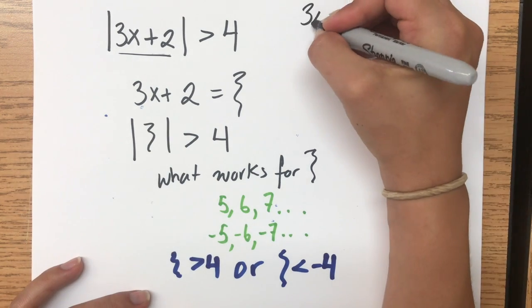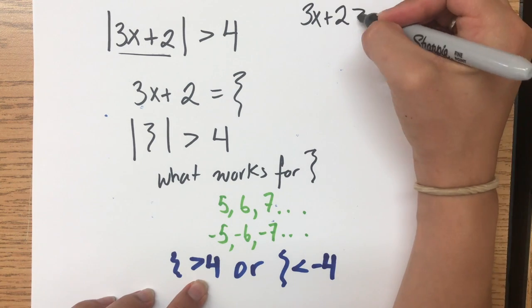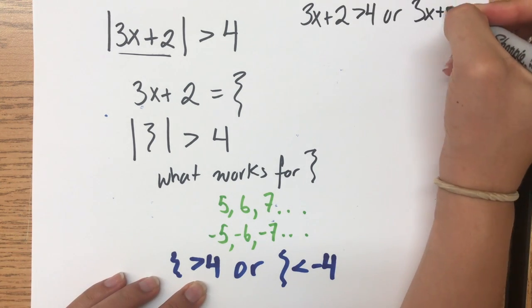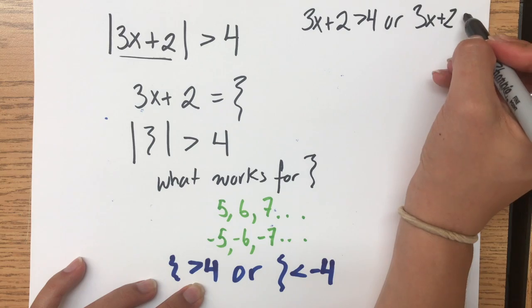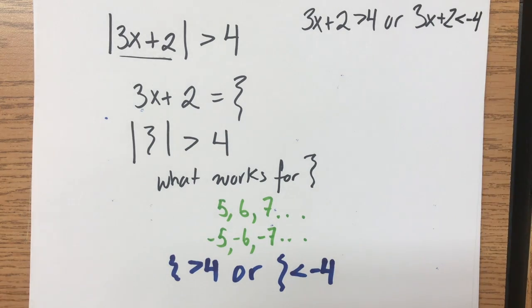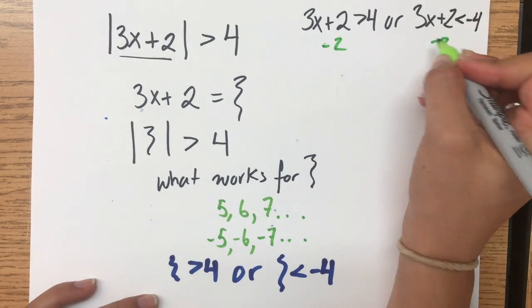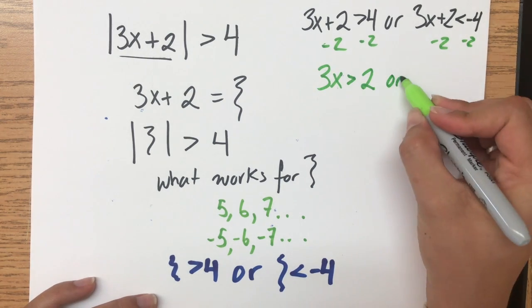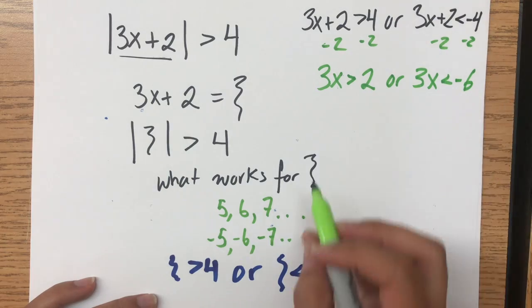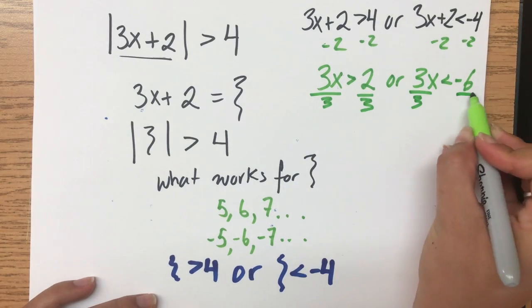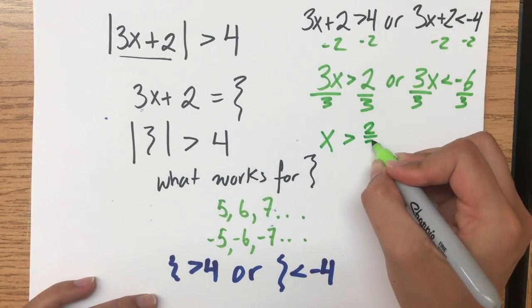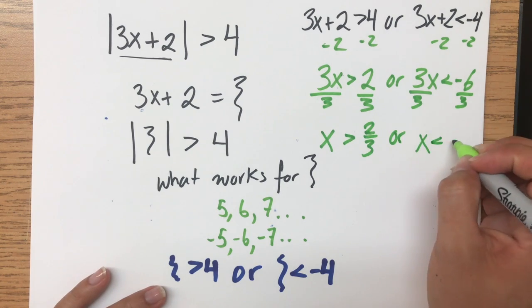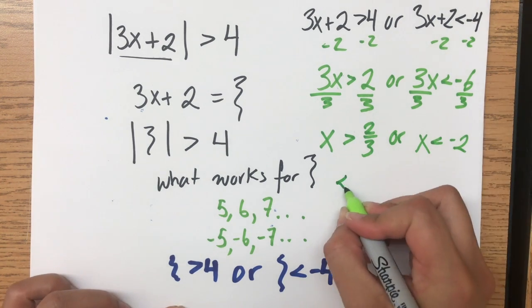Okay, so let's go ahead and put 3x plus 2 back in for squiggly. That's what we originally set squiggly equal to. So 3x plus 2 will be greater than 4, or 3x plus 2 will be less than -4. And then we're just going to manipulate the equations by subtracting 2 from all the sides. So then we'll get 3x is greater than 2, or 3x is less than -6. We're going to divide by 3. And then we're going to end up with x is greater than 2/3, or x is less than -2.